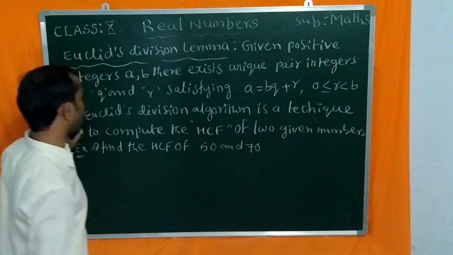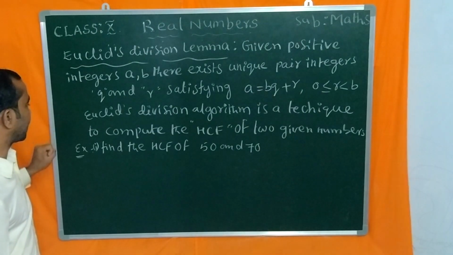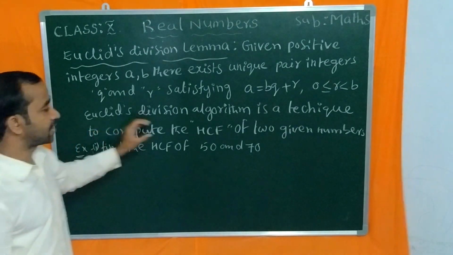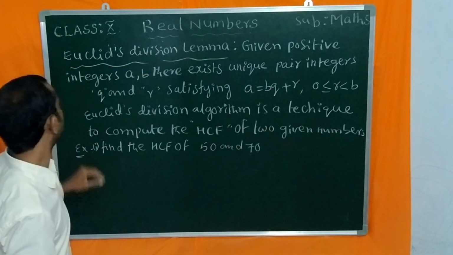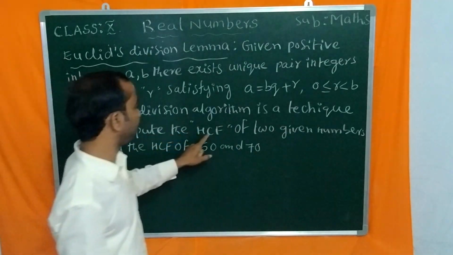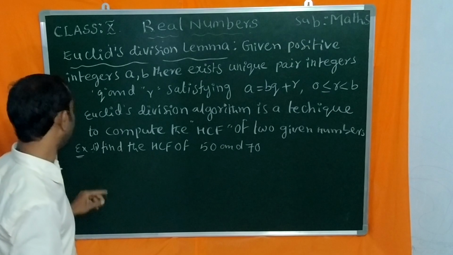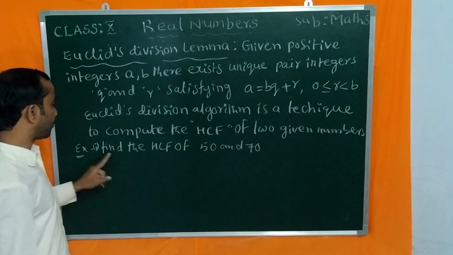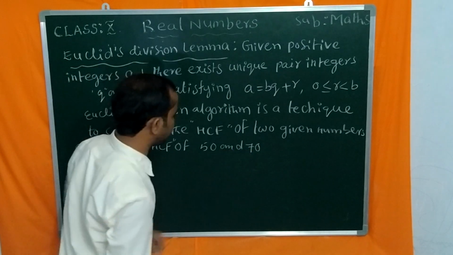Next, Euclid division lemma is used as a technique to compute the HCF of two given numbers. First example, find the HCF of 50 and 70.